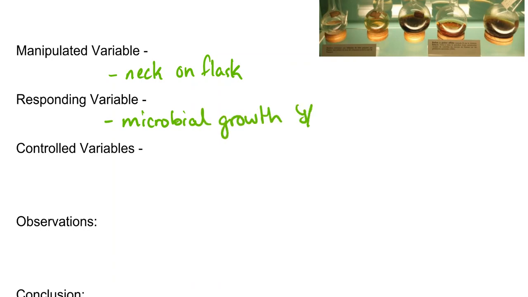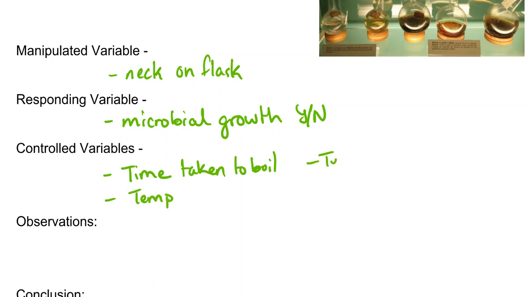Again, it's more of a yes/no question. All the controlled variables. Well, the time. Remember, that was one of the big things that was missing in Needham's experiment. So the time taken to boil, also the temperature, the type of broth, all those sorts of things.